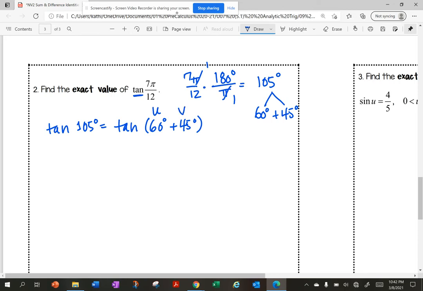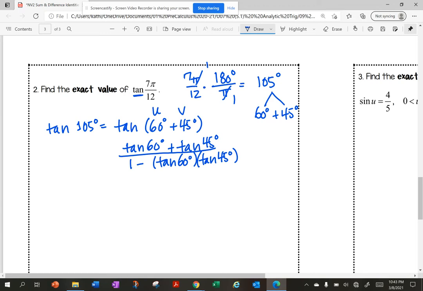So substituting in the expanded form, I get the tangent of 60 plus the tangent of 45 divided by 1 minus the tangent of 60 times the tangent of 45.